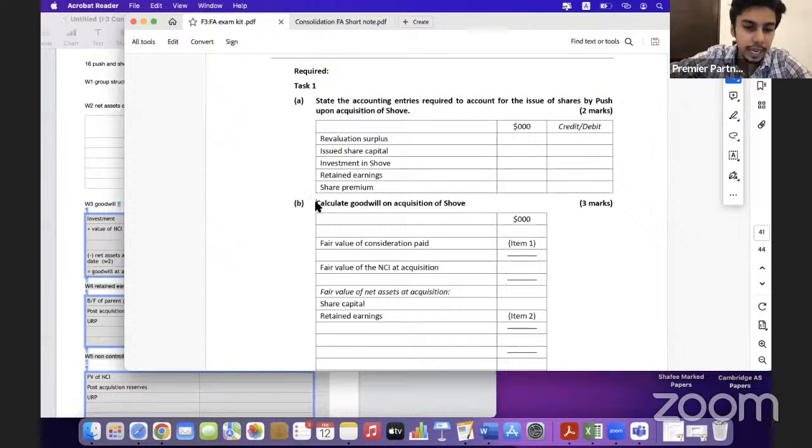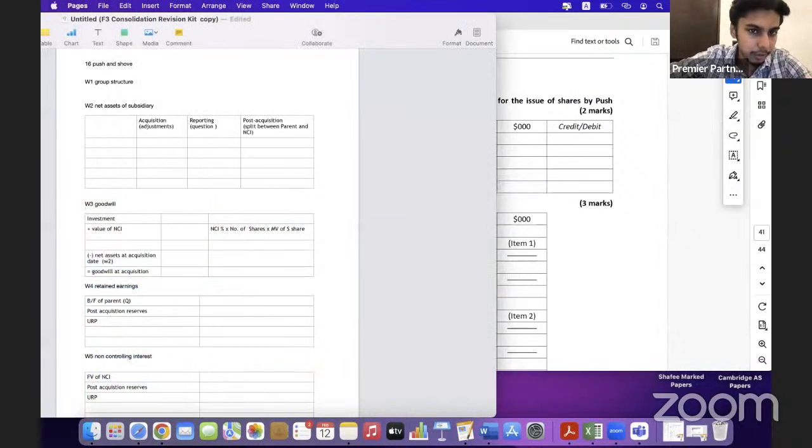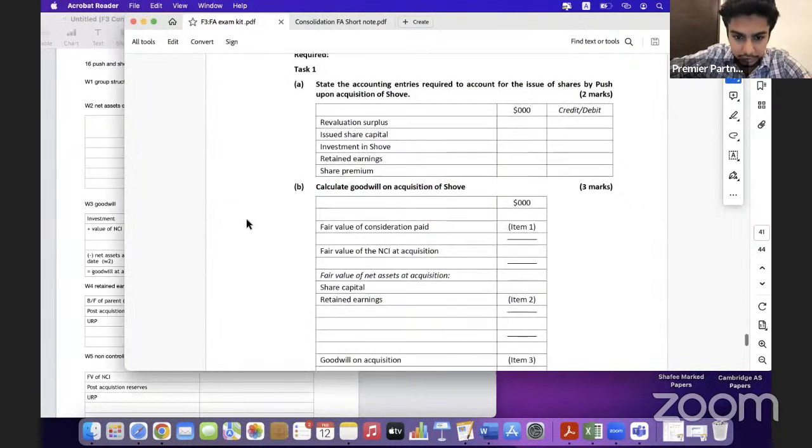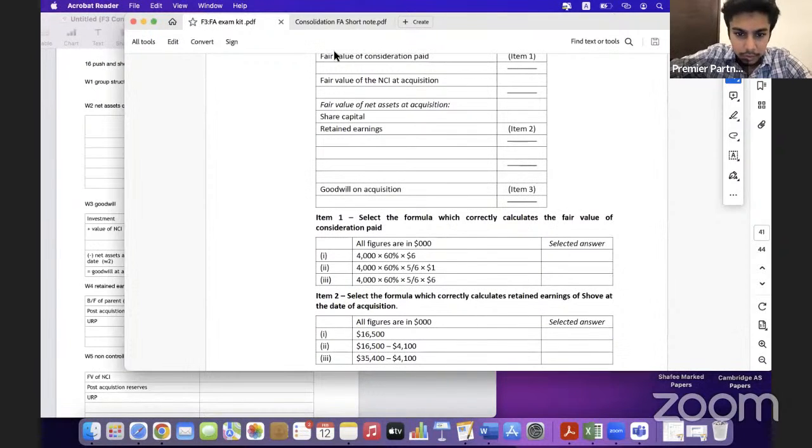After that one, guys, they are asking calculate the goodwill. So guys, I have marked my goodwill working over here. Right, then what are they asking after that one? Right, state the formula for the consideration paid. Okay, so they are asking for this consideration. What is consideration, guys? Consideration is investment. How to calculate the investment?